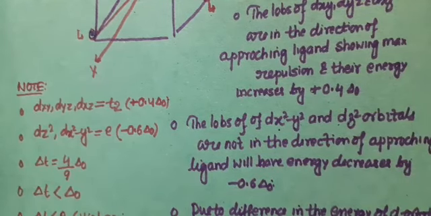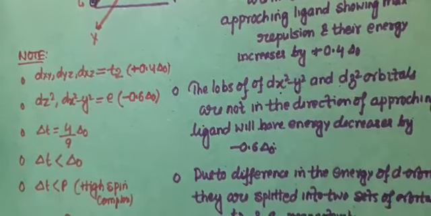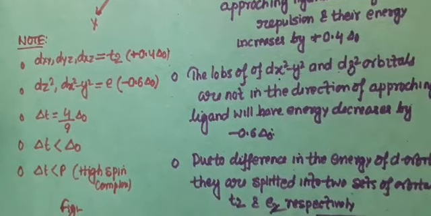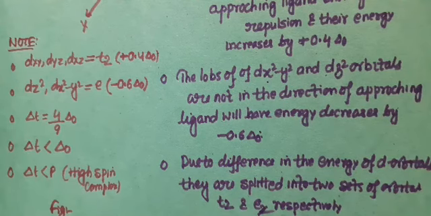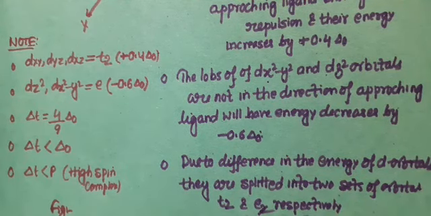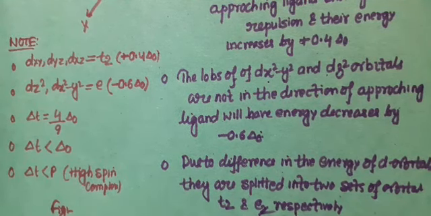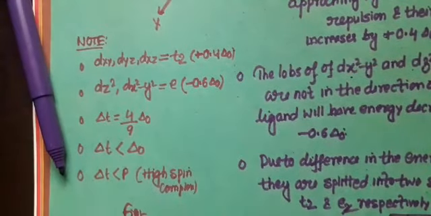And the last point, due to the difference in the energy of d orbitals, they are split into two sets of orbitals known as T2 and E respectively. Now I am summarizing some important points.